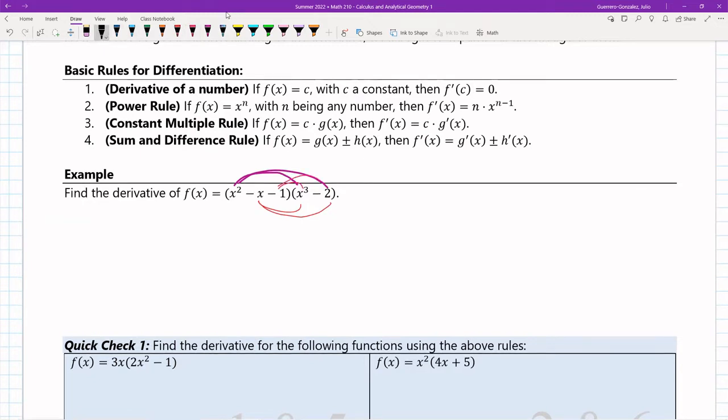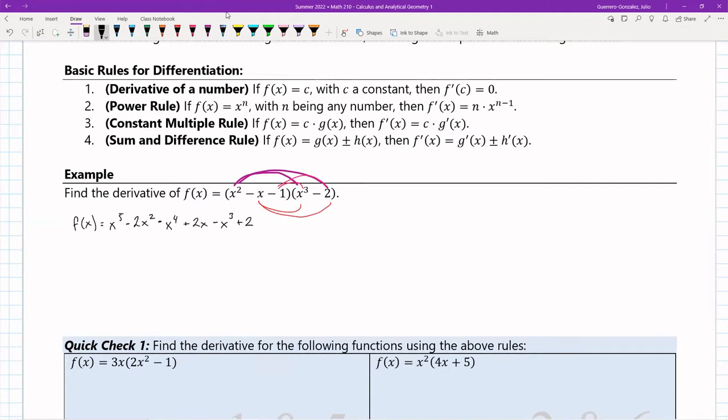So this means my f of x, I'm going to have to rewrite it, is going to be equal to x to the 5th minus 2x squared minus x to the 4th plus 2x minus x cubed plus 2, okay?